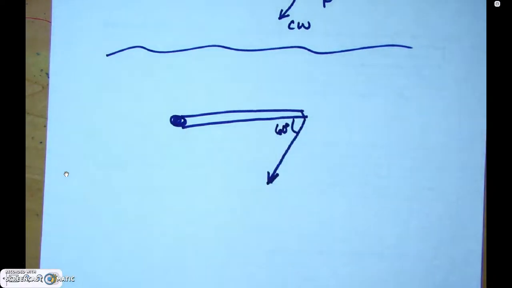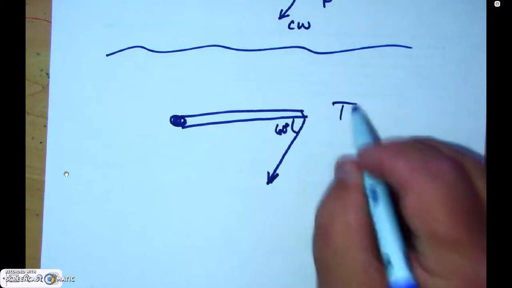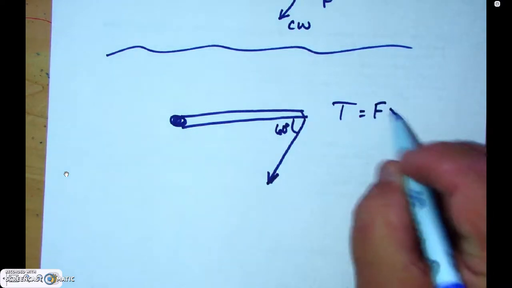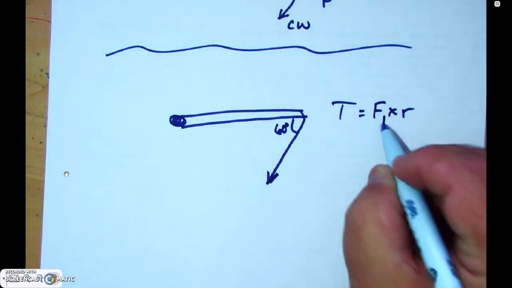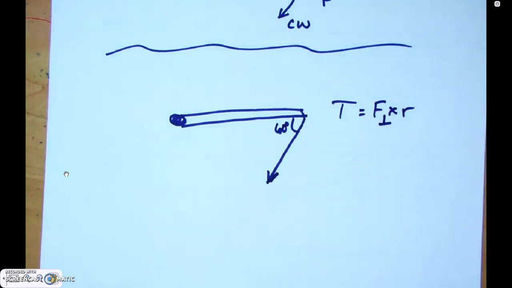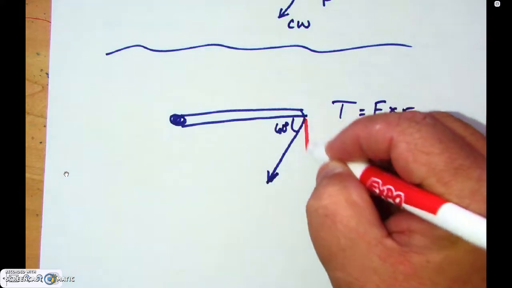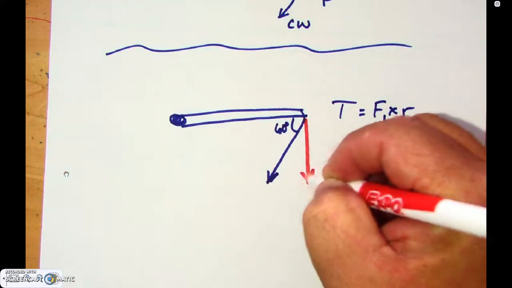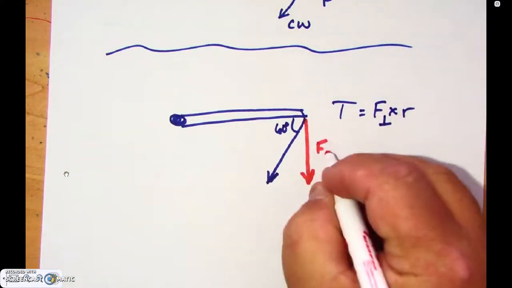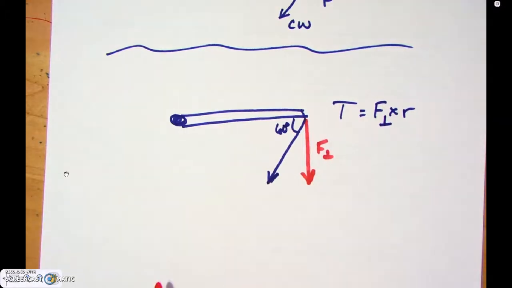Now, the key thing to understand with torque is equal to force times R, but it's the force perpendicular to the motion. That's kind of important, although I'll show you a shortcut you can use in just a minute. So, in other words, it's really only this side of the triangle.